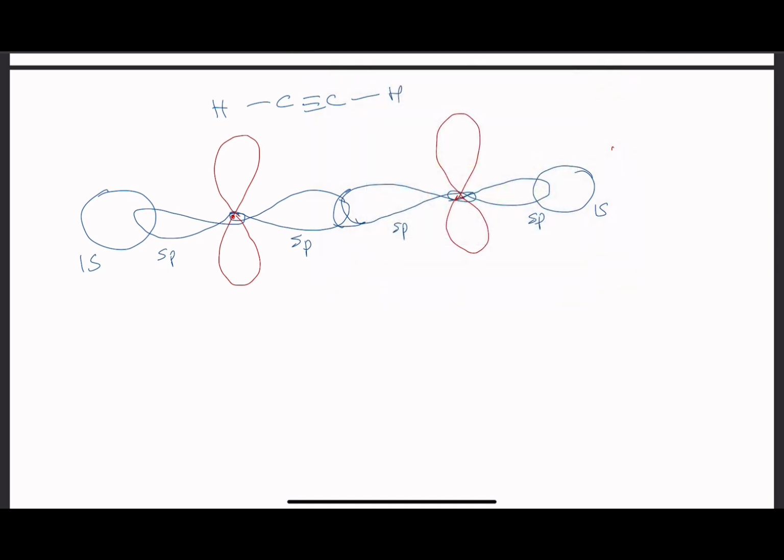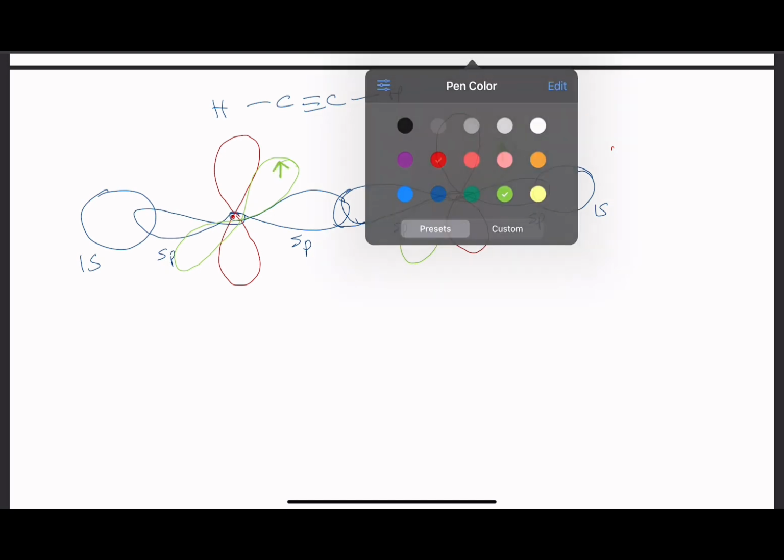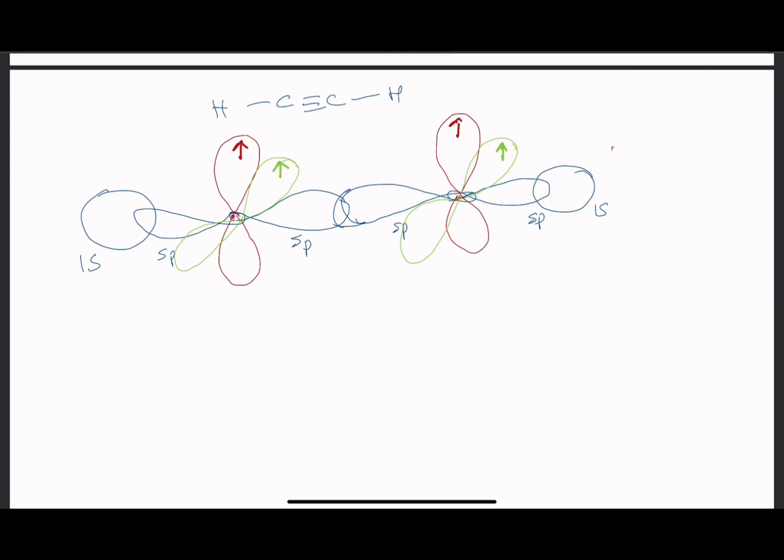In this case, I have a p looking like this. Okay, so I got two p's. On each one, I got one electron, and then I have another p with one electron. And here they share one electron with each other.